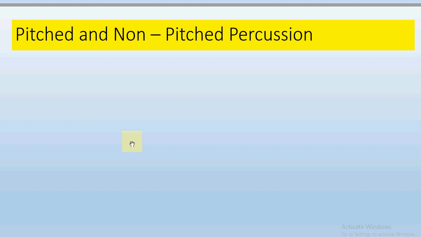Something very important that I said earlier is that percussion instruments are grouped into two: the pitched and the non-pitched. Now, what do we mean by this? Pitched means that some of these percussion instruments can produce pitches of notes like C, D, E, F, G, the sharps and the flats. Some of them can produce those notes at a minimum range actually.